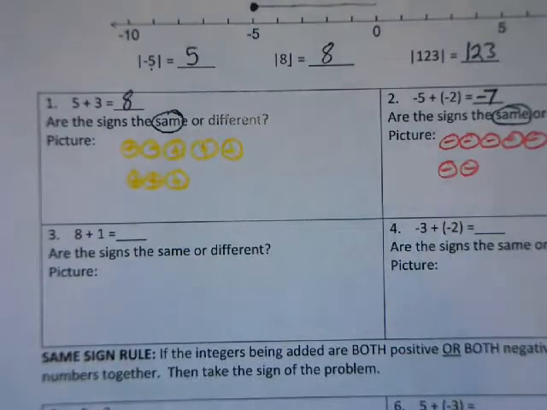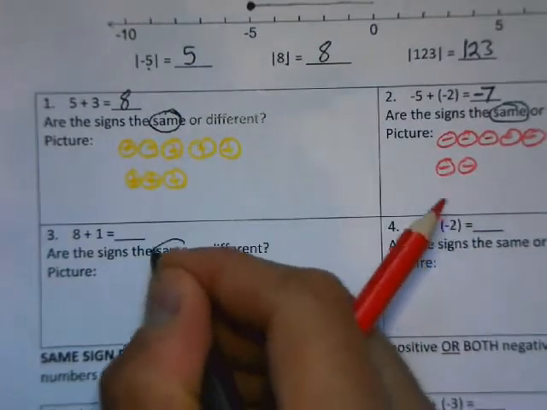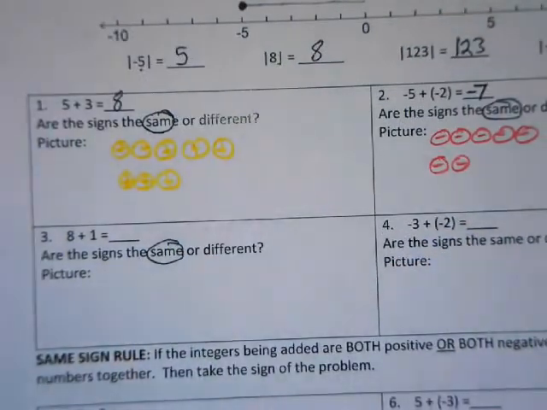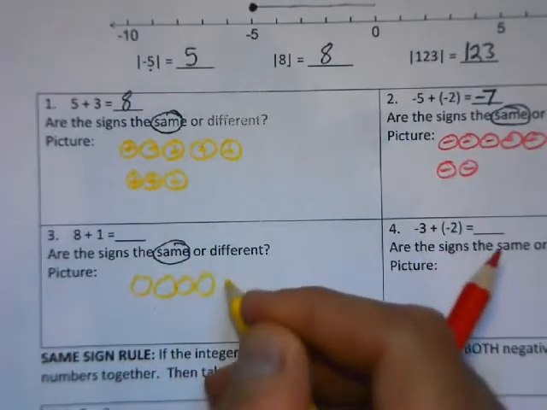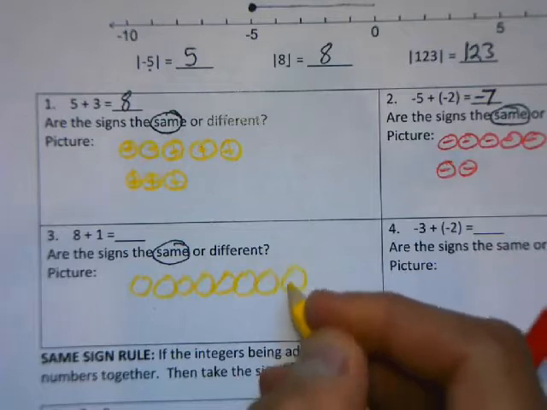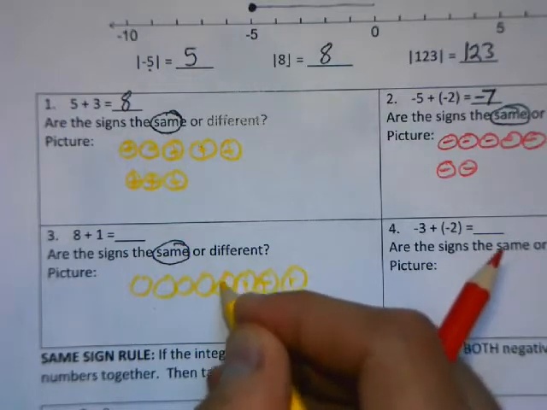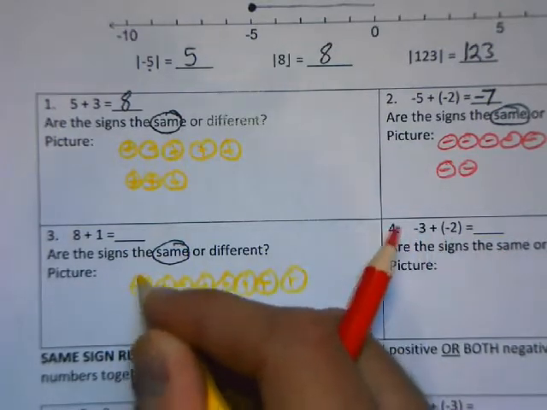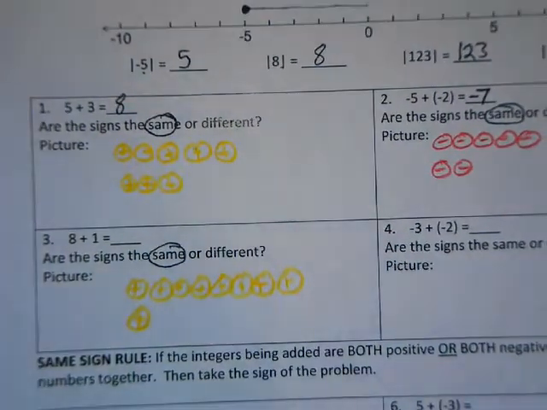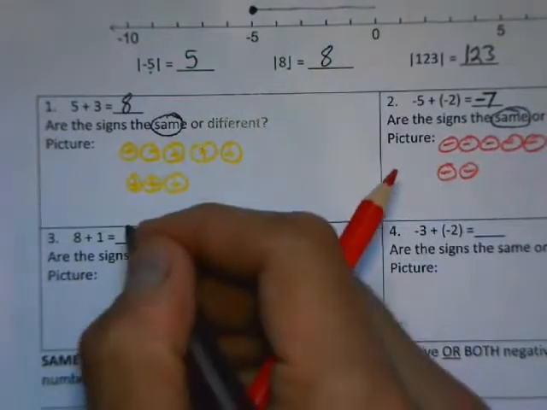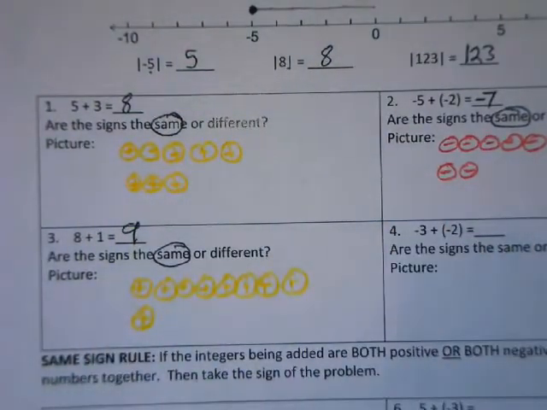8 plus 1. The signs are the same. And when I draw it out, let's see, 1, 2, 3, 4, 5, 6, 7, 8 positives. Plus 1 more positive. There's nothing to cancel out. So the sum is just the 9 positives I have.